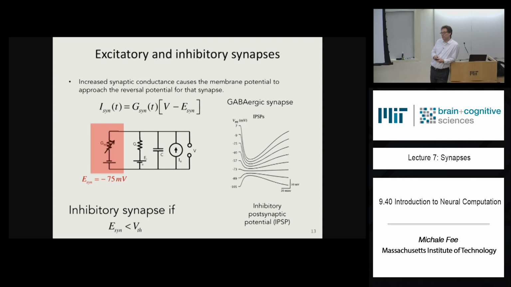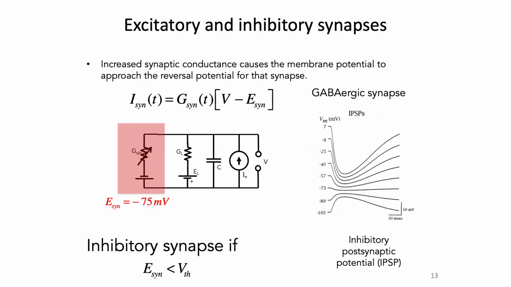Is that still going to cause a spike? Well, what do you think? It's inhibitory if the reversal potential is less than the threshold. So no matter how strong that inhibitory synapse is, can it ever cause a spike if the reversal potential is less than the threshold?